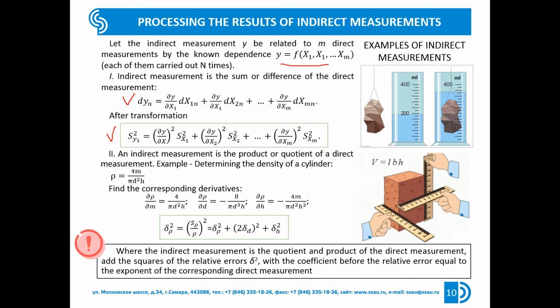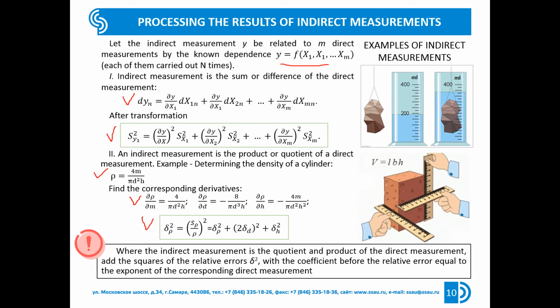Consider the case where the indirect measurement is the product or quotient of the direct measurements. For example, when determining the density of the substance of a cylinder. Let's find the corresponding derivatives. Convert the expression into the following, where the deltas are relative errors of direct measurement of mass, cylinder diameter and height.